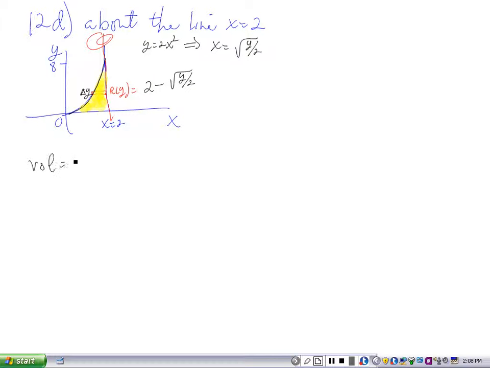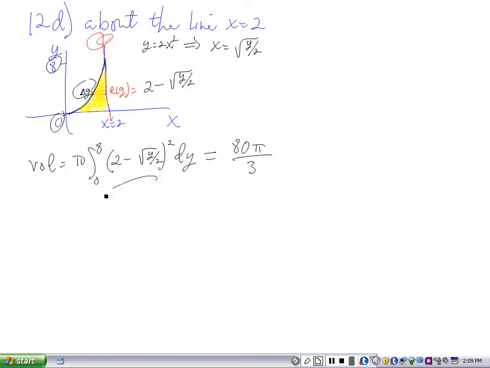So my volume, pi, look, the thickness is delta y, so I integrate in terms of y from 0 to 8. And here, it's just the radius squared. So this is 2 minus the square root of y over 2, all squared, dy. And then when you work that out, you get 80 pi over 3. So it's just the algebra on that, right?